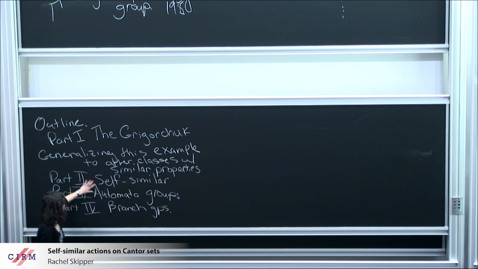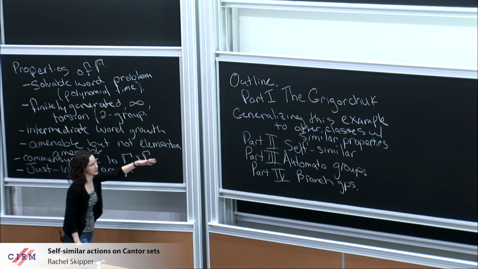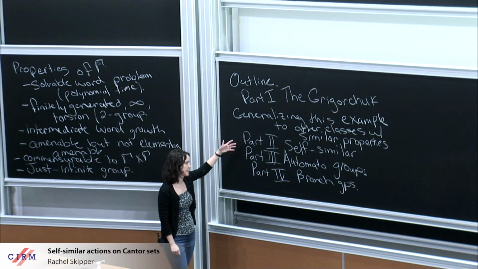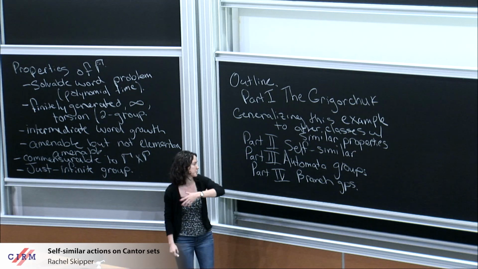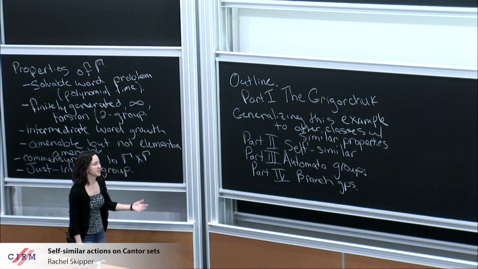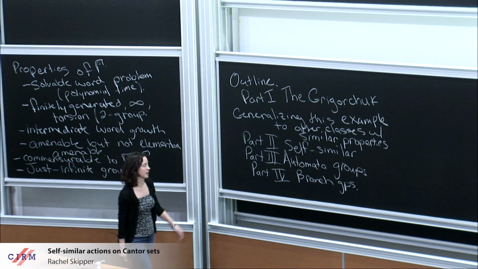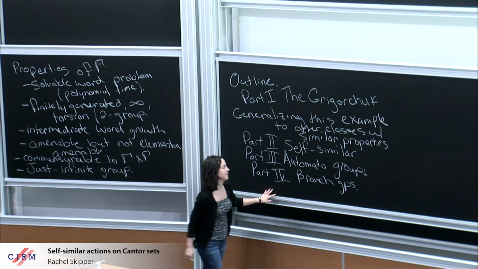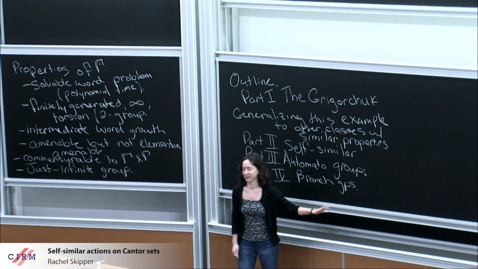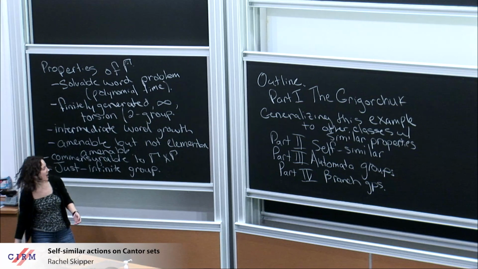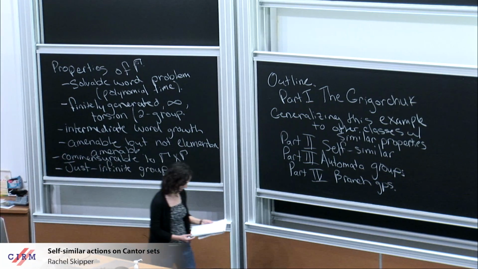Self-similar and automata groups are both groups that have generators defined very much in the way we define the Grigorchuk group, and so they let us have a lot of the same algorithmic properties that we like about this group. Branch groups, on the other hand, are groups whose subgroup structure looks similar to that of the Grigorchuk group. In particular, I hope to argue for you that trees are the right objects for branch groups to act on. These are the groups that are designed for trees. And that's what we'll do at the end of the course.